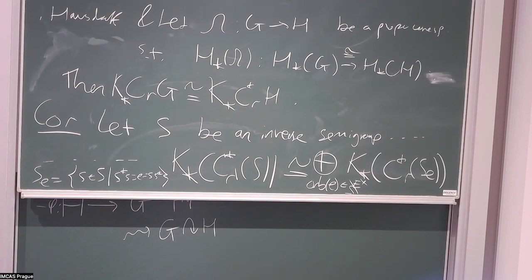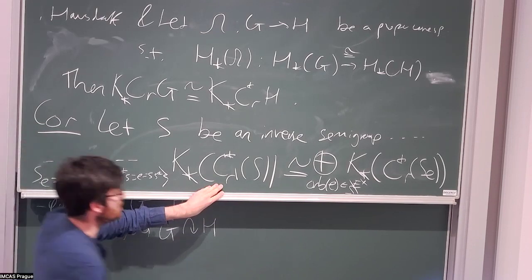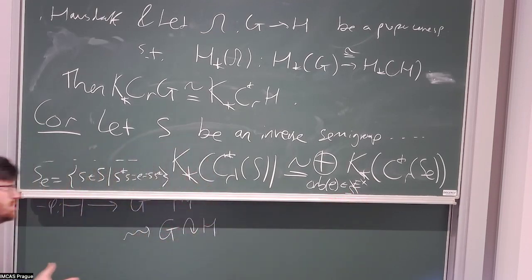So you've got a bunch of groups sitting inside your inverse semigroup, and this is telling you that the K-theory behavior of those is going to determine the K-theory behavior of this C-star algebra here. So these are groups, and calculating the K-theory of group C-star algebras is hard, but at least it's better than calculating the K-theory of inverse semigroup C-star algebras.